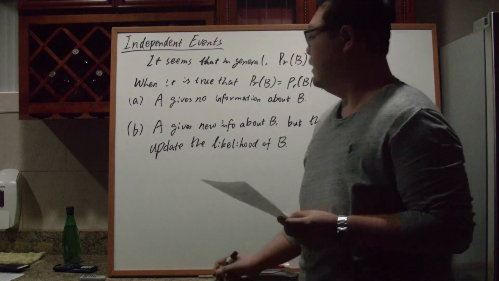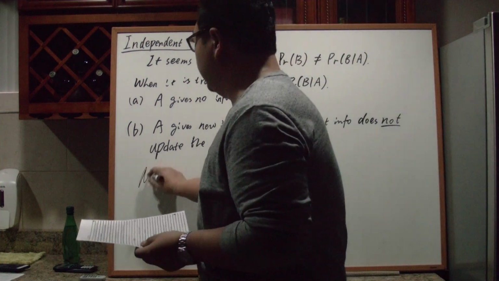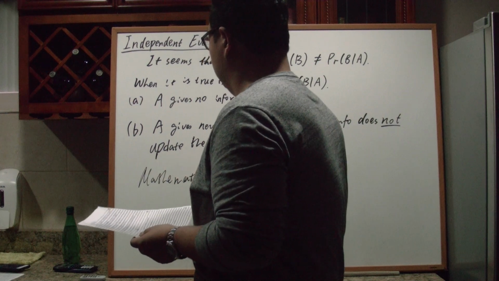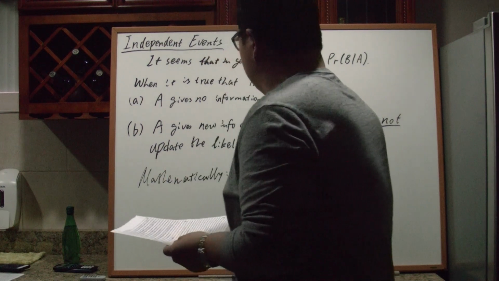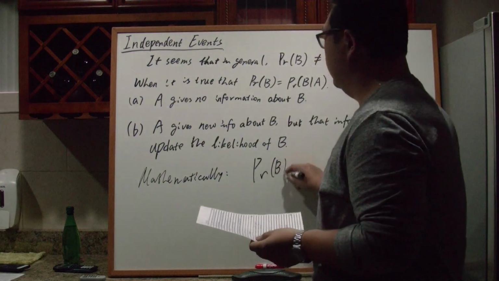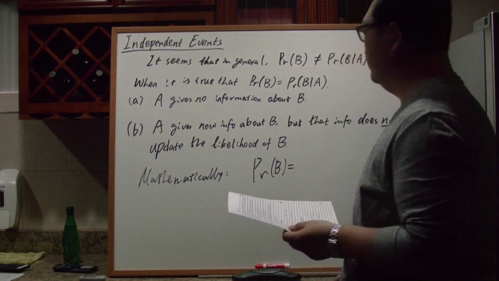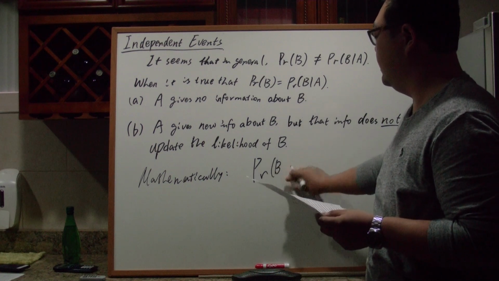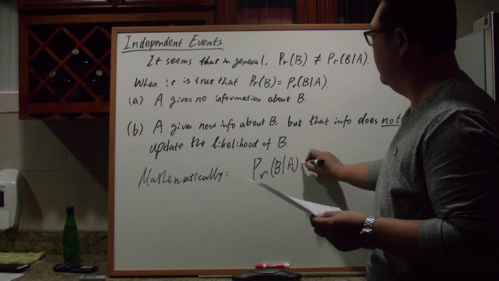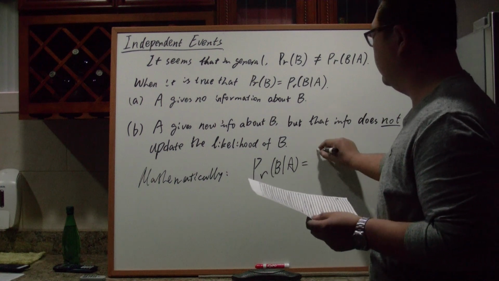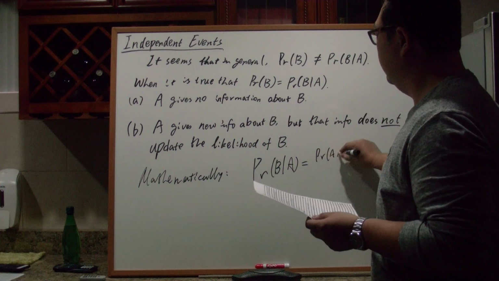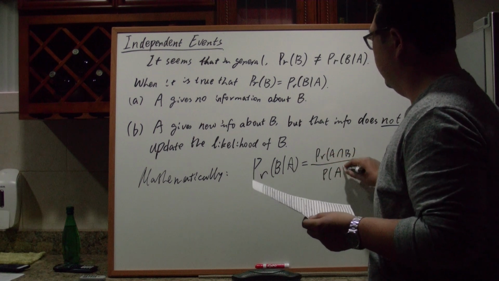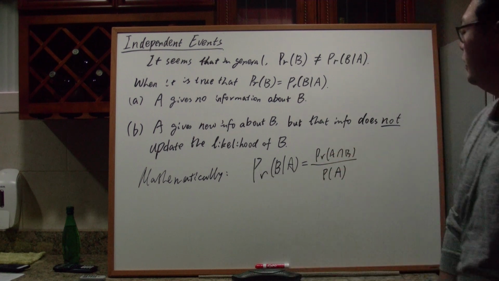So we can see that mathematically, the conditional probability in formula equals the probability of A intersection B over the probability of the condition.